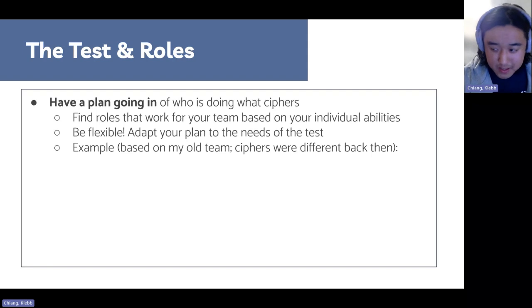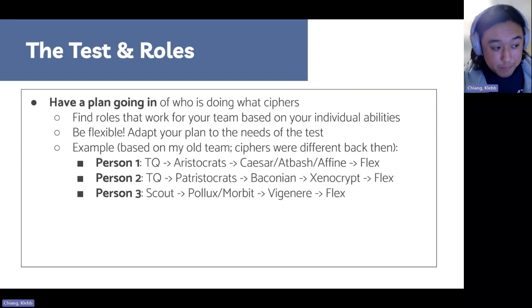Okay. Here's an example based on my old team. This was 2021. The ciphers were different, but this should hopefully give you an idea of how to plan these things. So we had 1 person who was on time question, did aristocrats, then Caesar, Alpha, and Apache, then anything else if time allowed. I was person 2, who did time question, then patristocrats, Baconian, Xenocrypt, then whatever else was available.